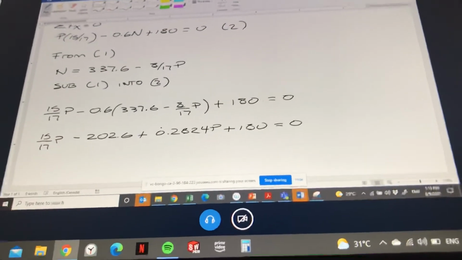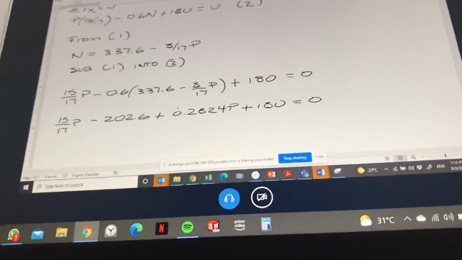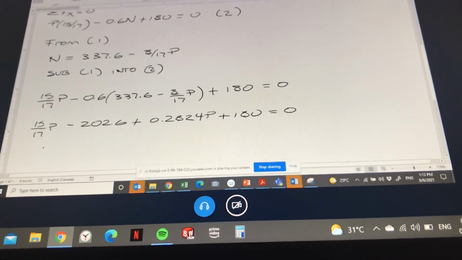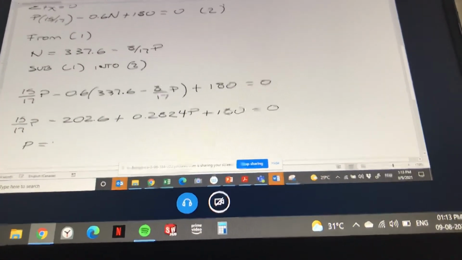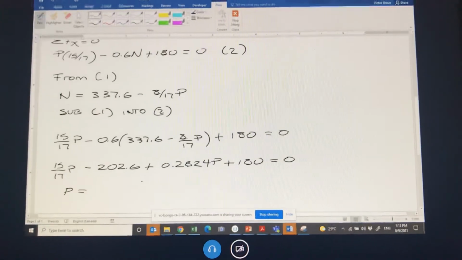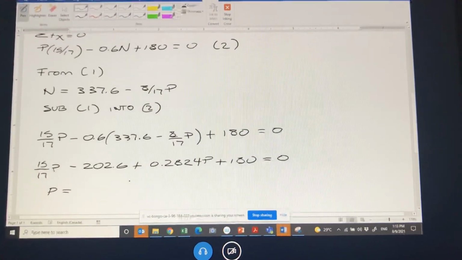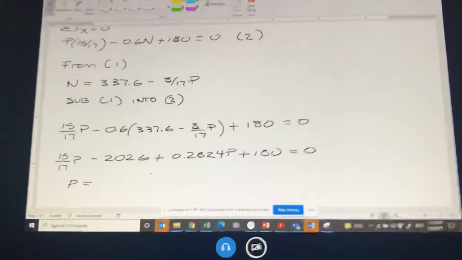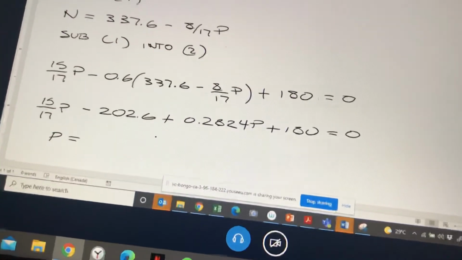Okay, so I'm going to add up now the two numbers. P is equal to 202.6 minus 180. That's actually 22.6.